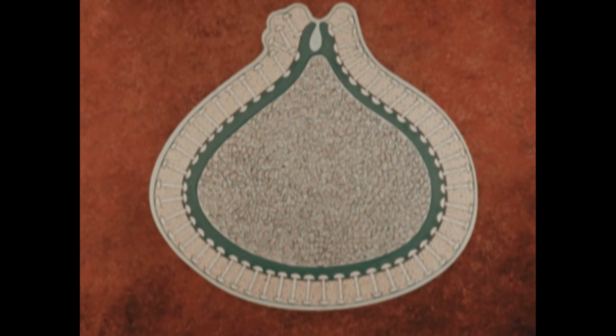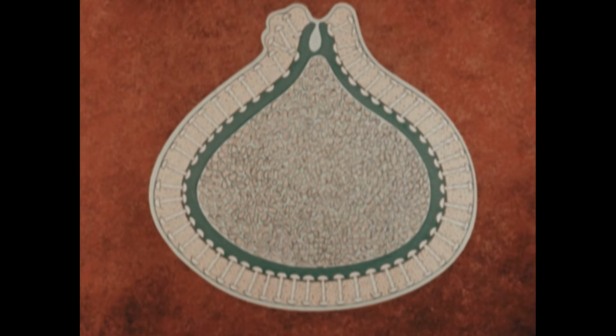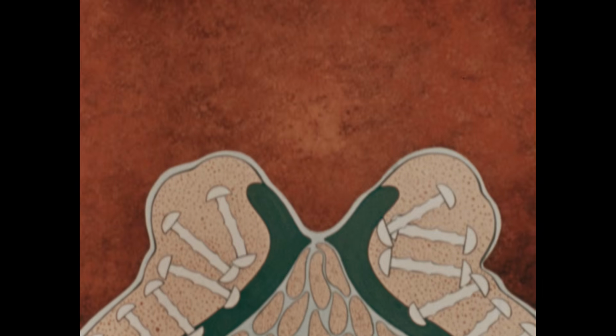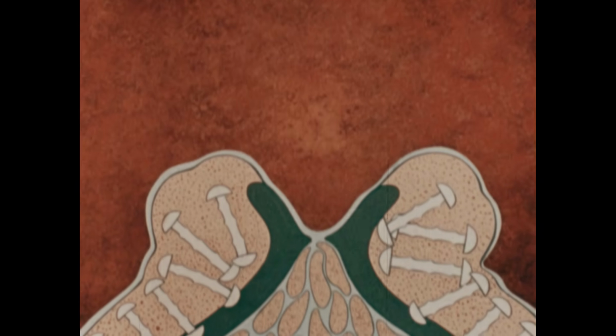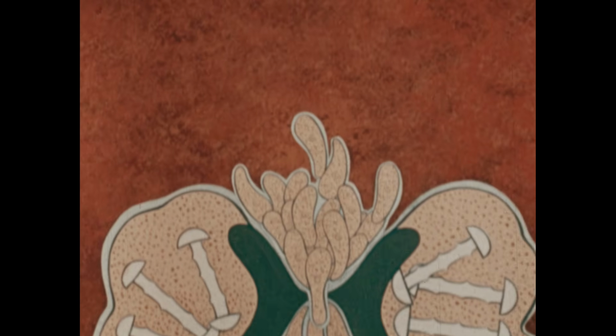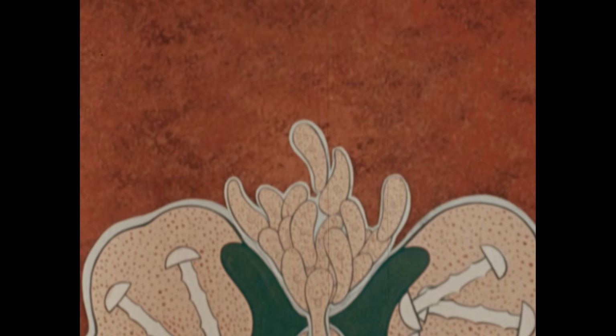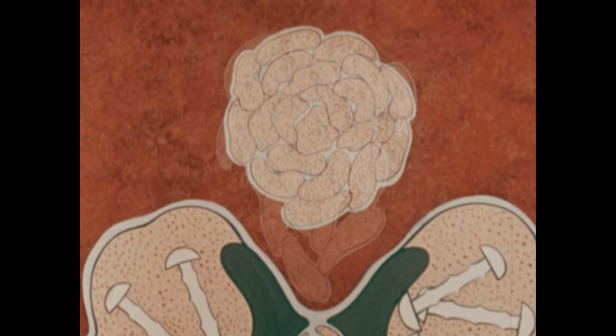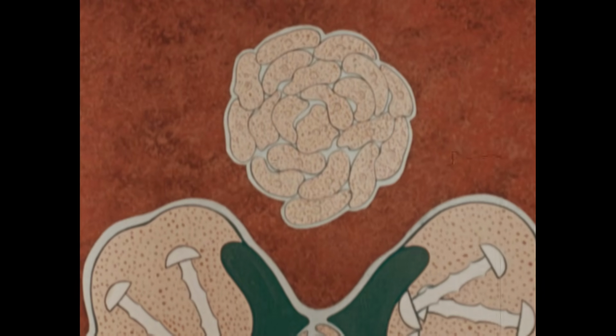Gemmules have food stores coated in a thick layer of stony spicules, and they are very tough. The living cells inside can withstand freezing and drying. When conditions are just right, the sponge cells emerge from the gemmule coat. They clump together and grow into a new sponge.